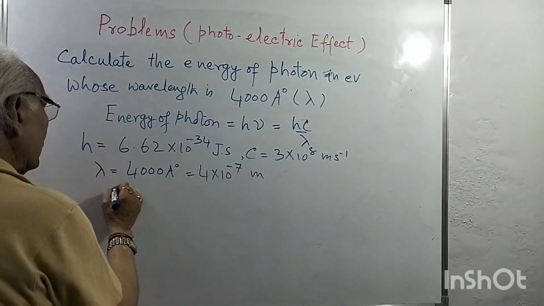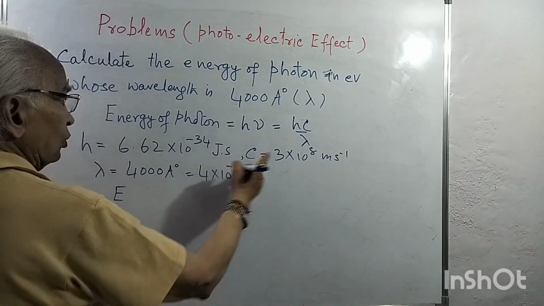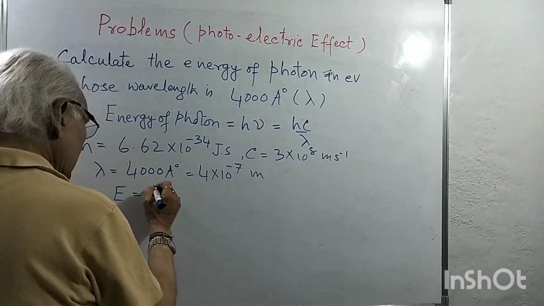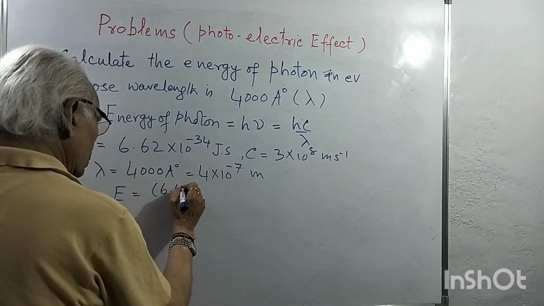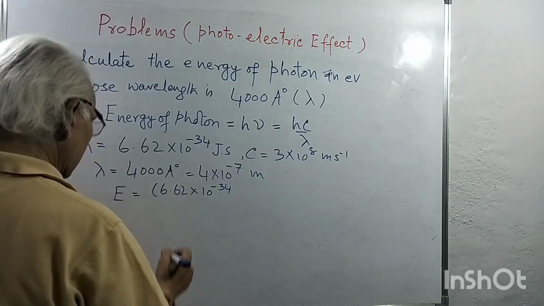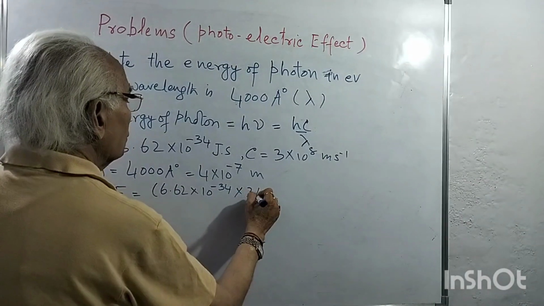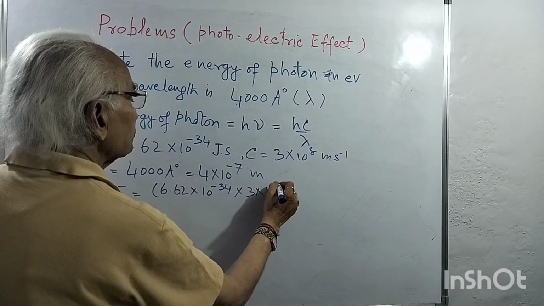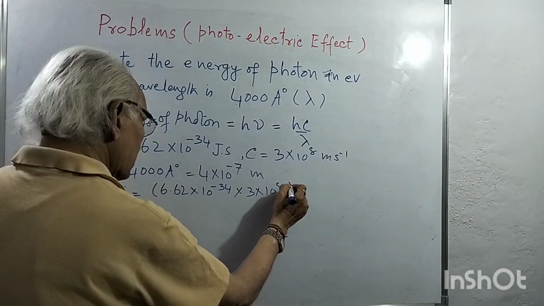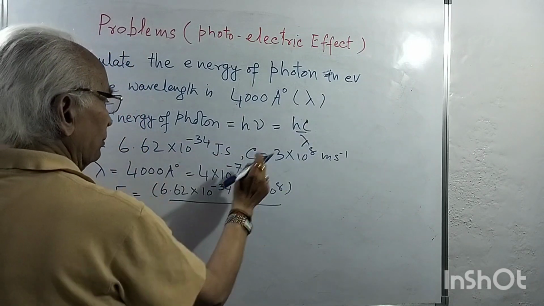Now you can find out the energy E. E is equal to hc over lambda. So now substitute the values of all constants: 6.62 into 10 to the power minus 34, that is h, into c, 3 into 10 to the power 8, divided by lambda.